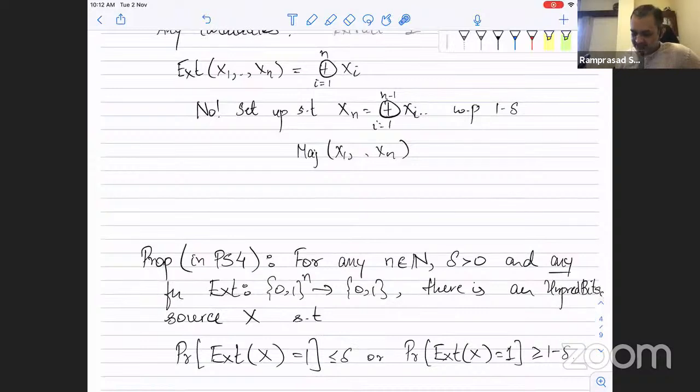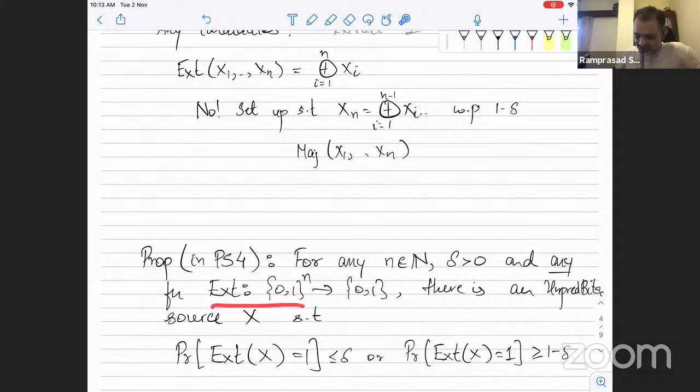This basically says: fix a number n and a delta of your choice. n is the length of the stream that you have, the source that you have, and delta is the unpredictability parameter for the Santha-Vazirani source. Now suppose someone tells you that they have an extractor function which outputs 1 random bit.